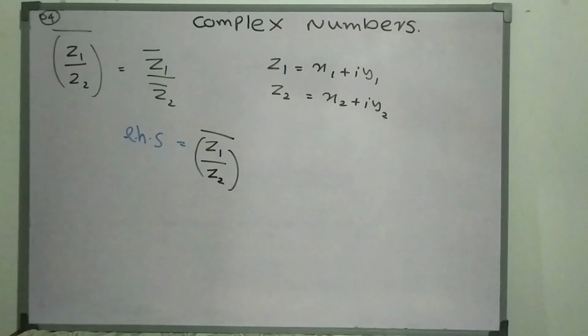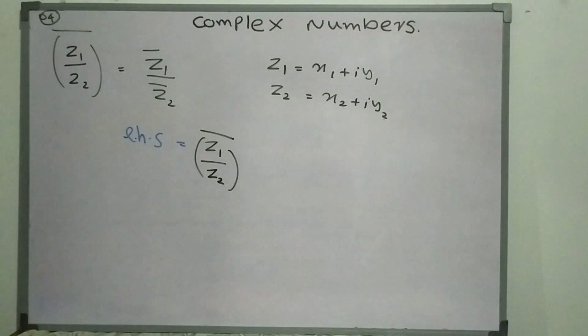Okay, the fourth theorem: (Z1 over Z2) whole thing bar is individually equal to Z1 bar over Z2 bar. It is the same as the third theorem. I'm starting from the left hand side, Z1 over Z2.